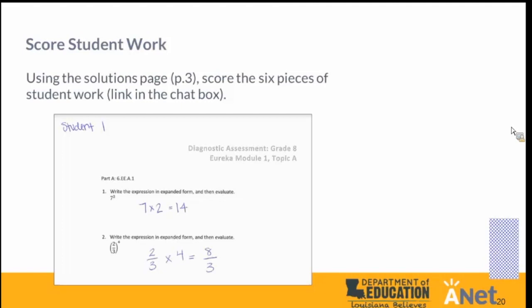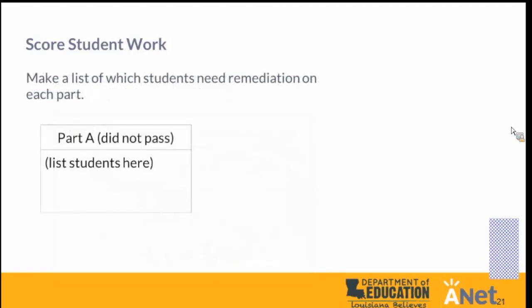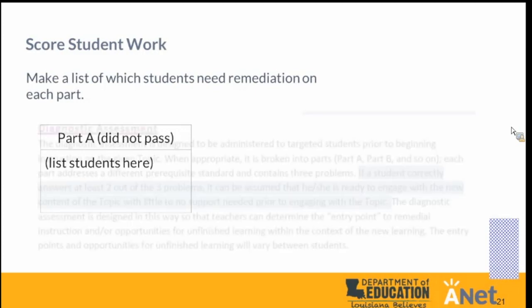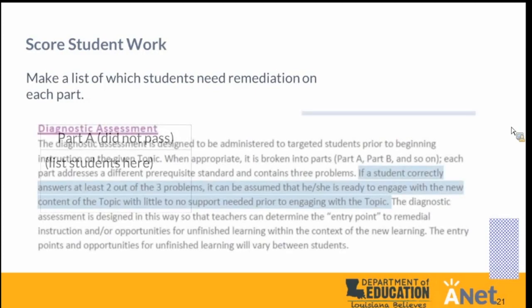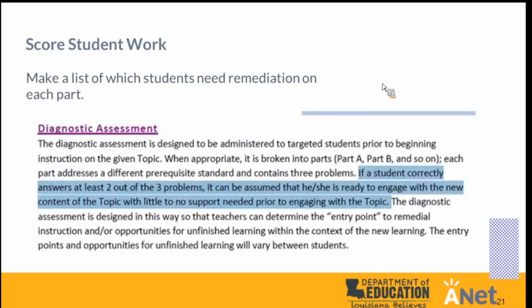Now we're going to make a list of which students need remediation based on our grading. So we're going to make a list of any students that did not pass this part of the diagnostic. You may remember from page 1 of the Eureka Remediation tool that the diagnostic assessment gives us some criteria for passing.